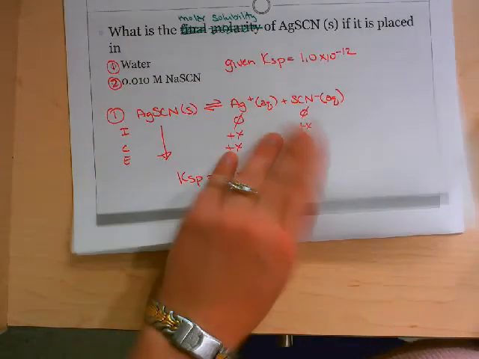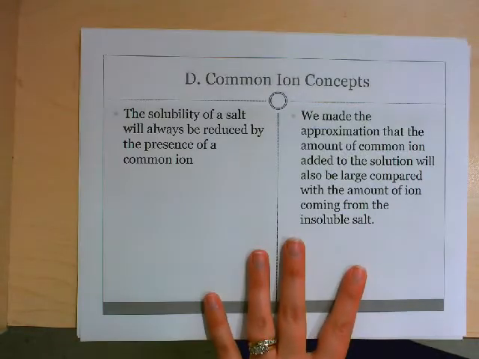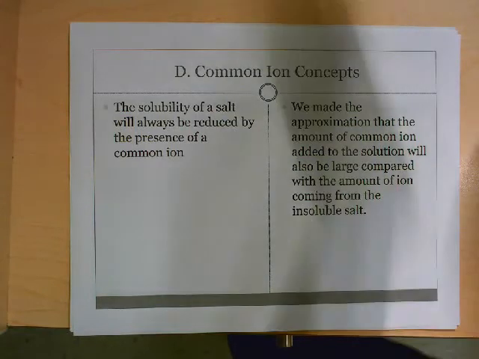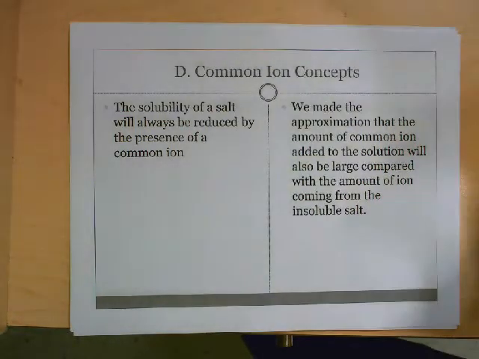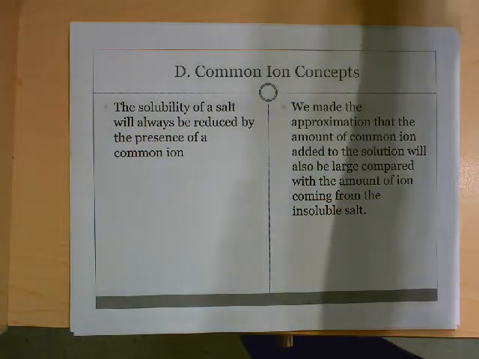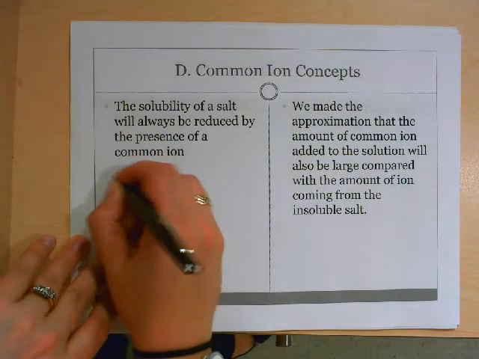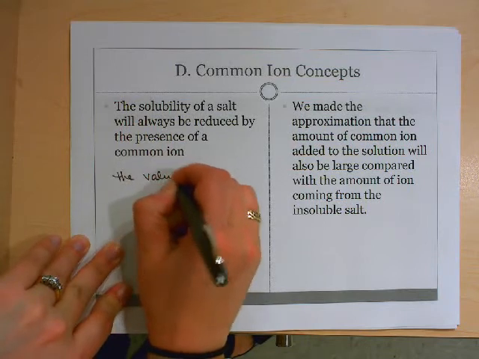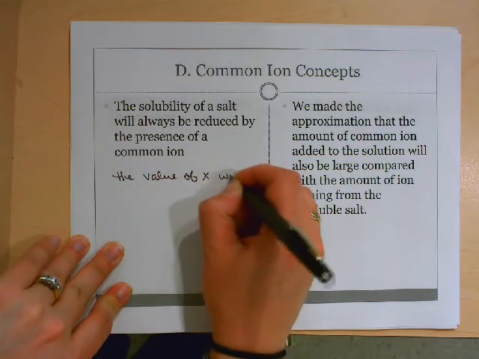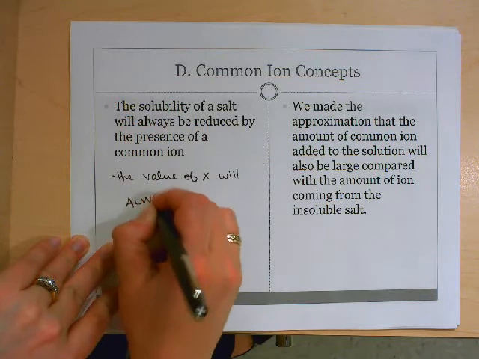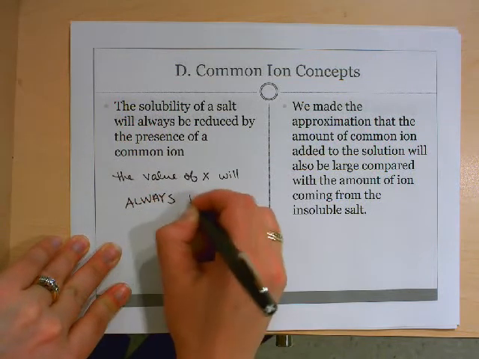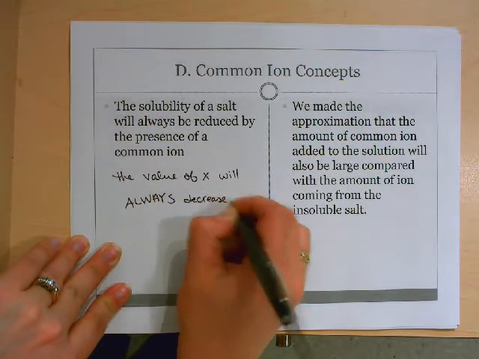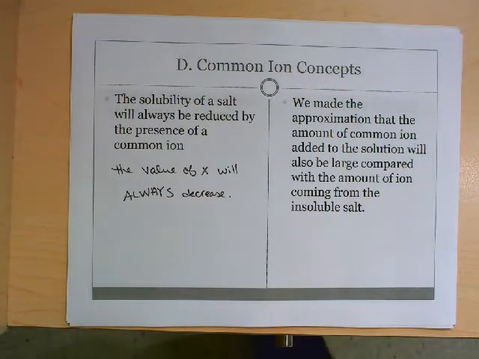Alright, so what are some important things about common ions we have to worry about? One, the solubility of a salt will always be reduced when you have a common ion. And by that I mean the value of x, right?